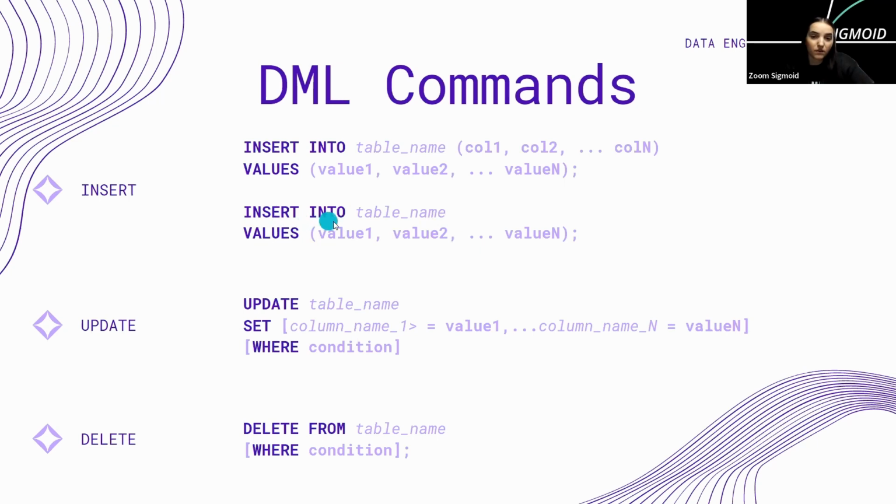You write in the same way: insert into table name, and you write select and what you select from the second table. That's it. Moving next to update. Update is used to update or modify the value of a column in the table.